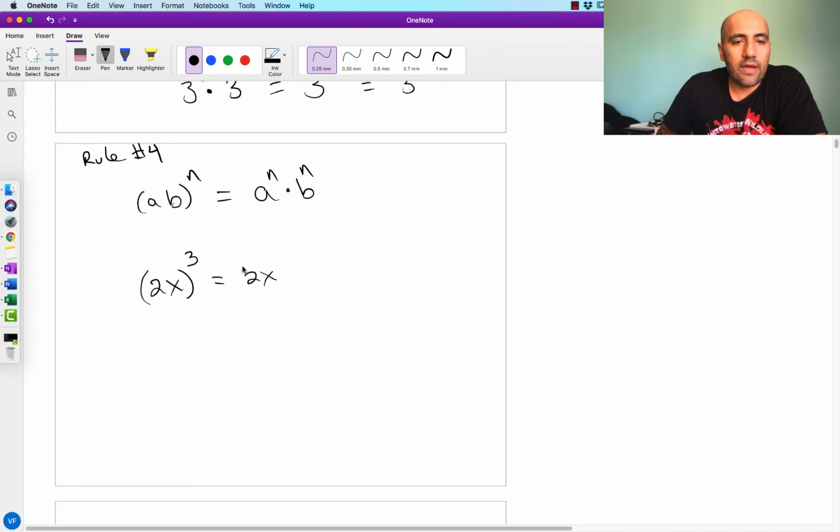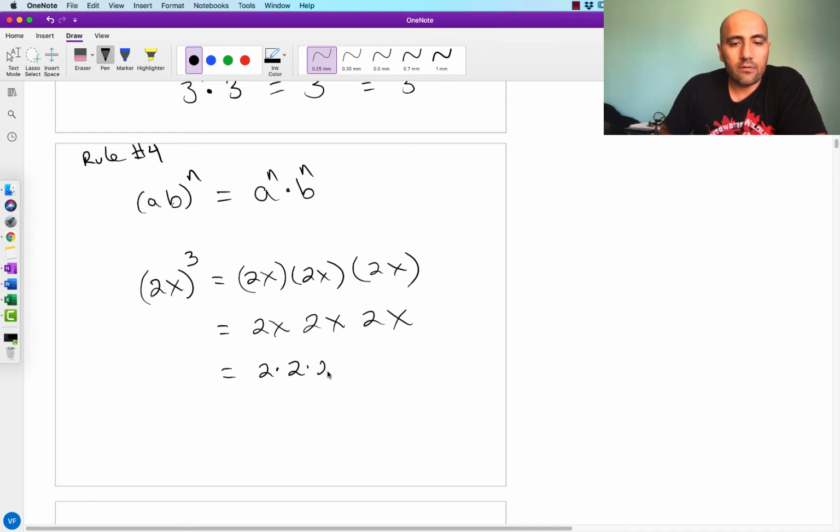So that would be 2x times 2x times 2x, which means that I can regroup these. These parentheses are just indicating that this quantity is being multiplied by that quantity, so I can get rid of them and say that this is just 2x, 2x, 2x, everything's being multiplied. So I can reorder them and put all the 2's together, and then put all the x's together.